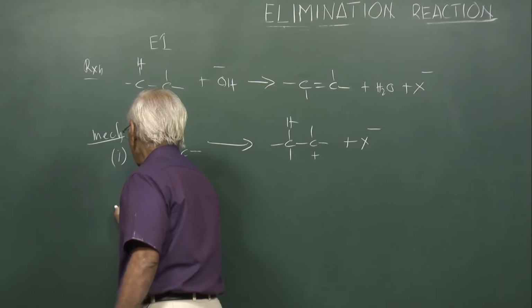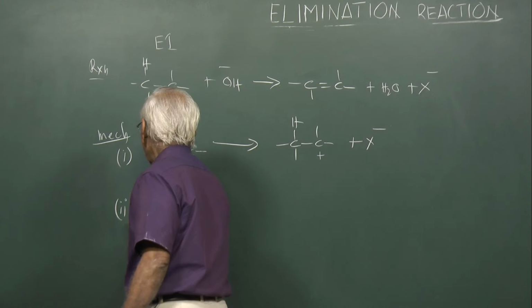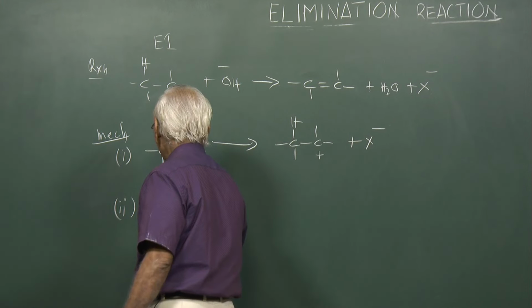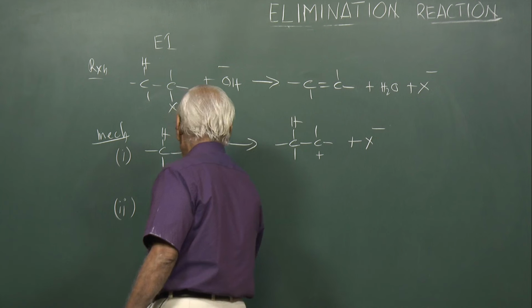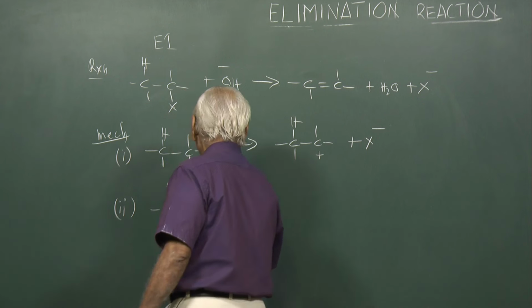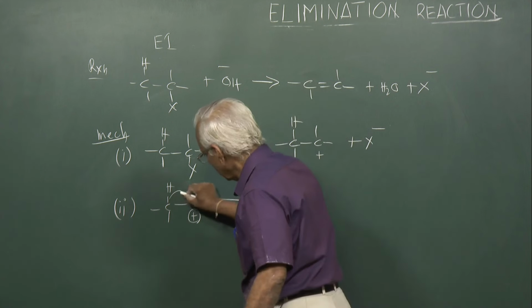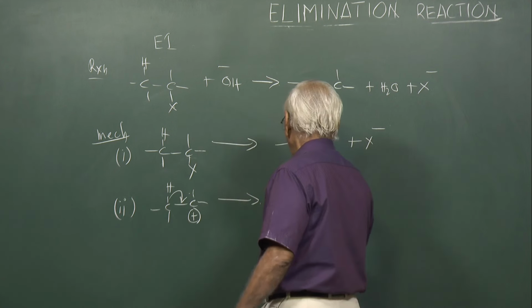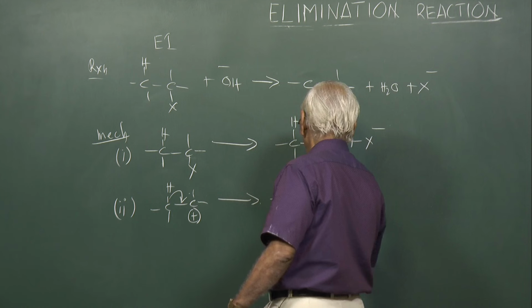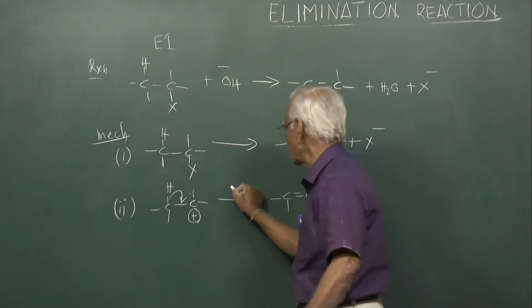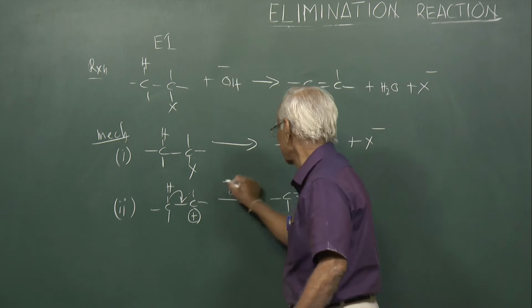Therefore, we are yet to cleave the carbon hydrogen bond, so it has to be a multi-step process. Plus OH minus. Plus what?